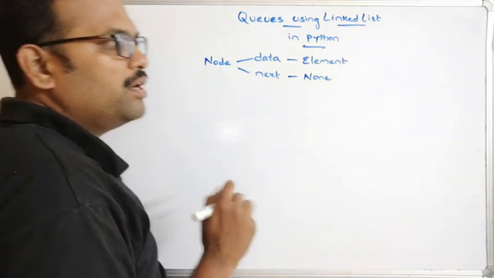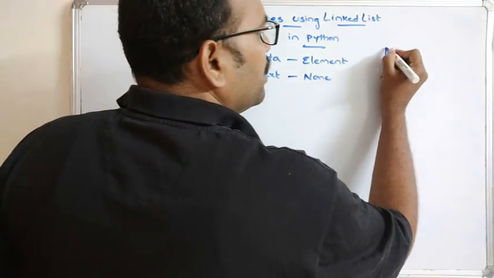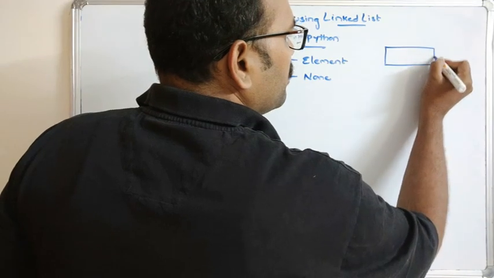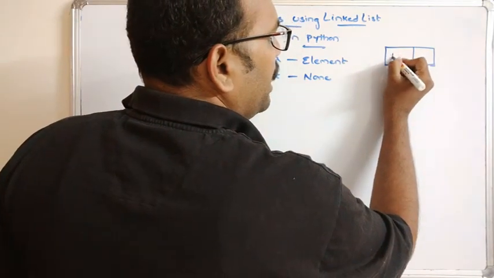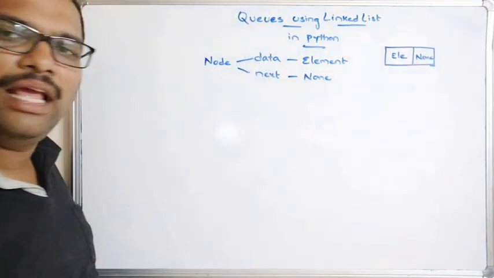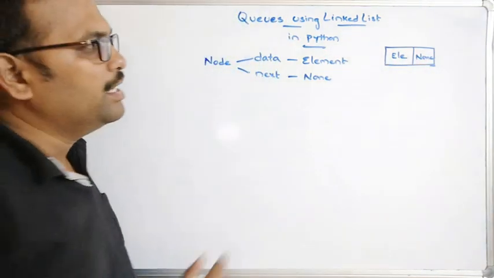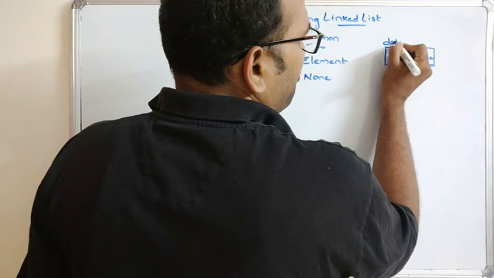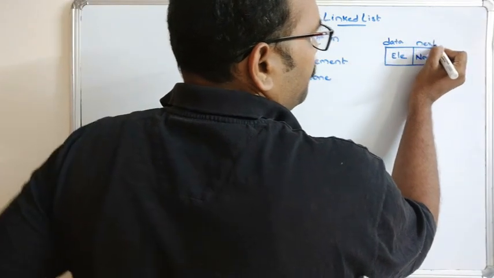So whenever a node is inserted, it will have the element and none. This is the data part and this is the next part.